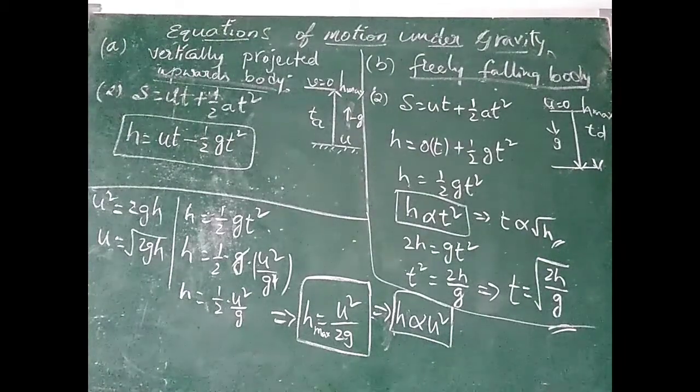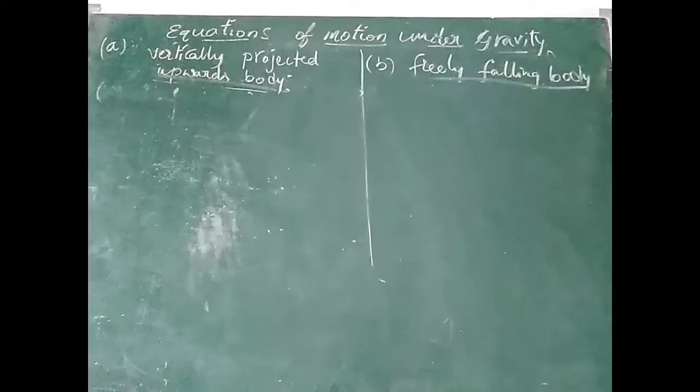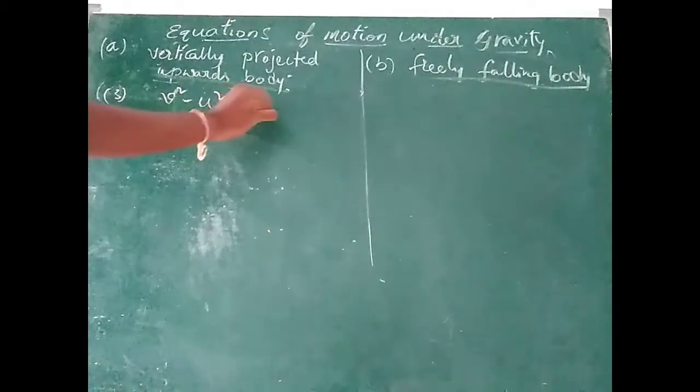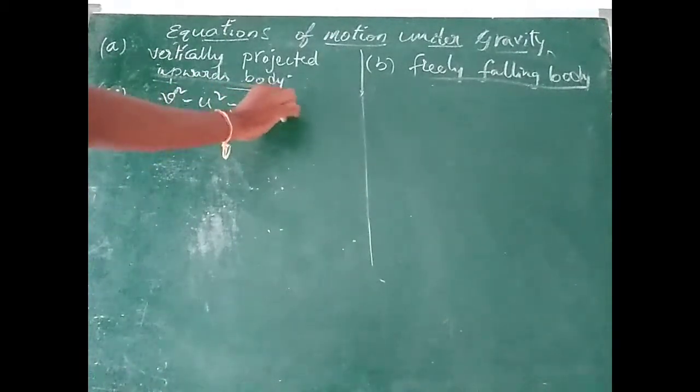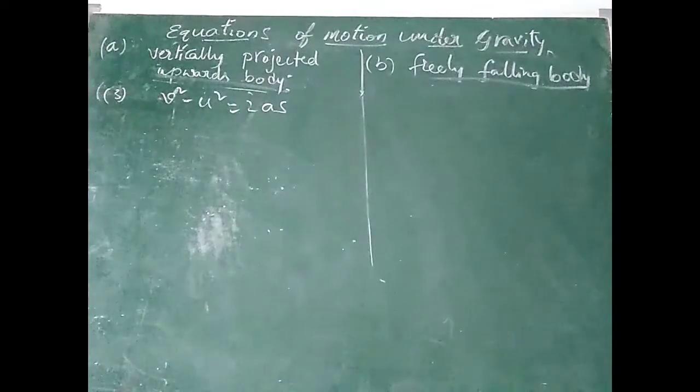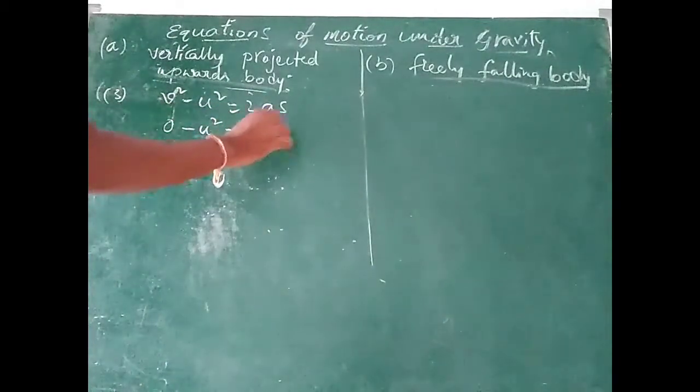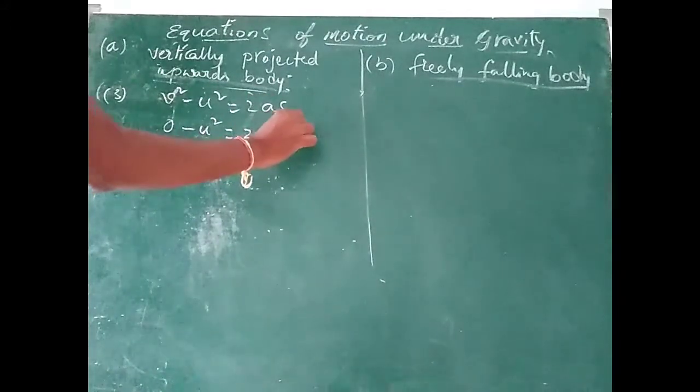Clear? Next, third equation of motion, v square minus u square is equal to 2as. Let's check this. In this case, v, the final velocity, becomes 0, so minus u square is equal to 2, a becomes minus g and s becomes h.